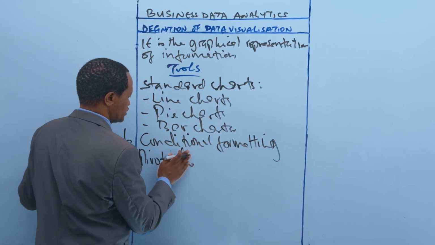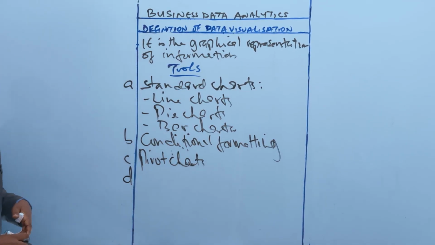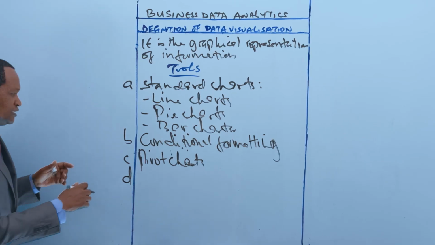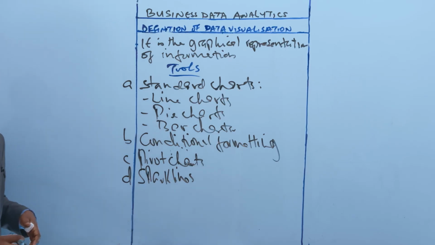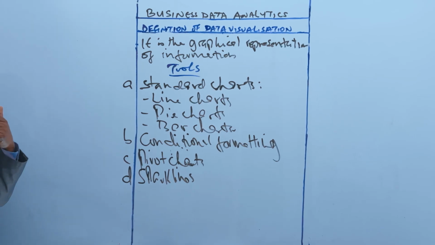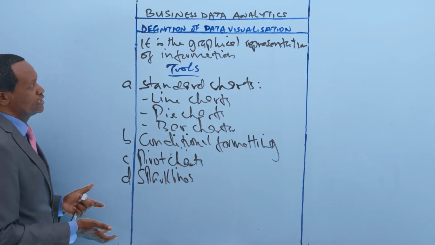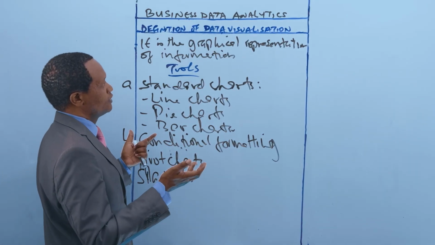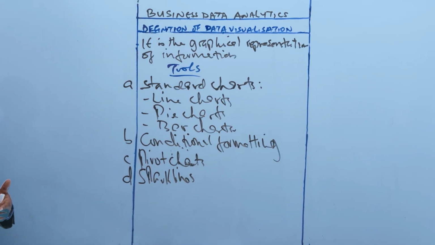Then another tool that we get in Excel is the sparklines. These are tiny charts that fit inside a single cell, providing a quick visual trend next to a row of data. So these are some of the tools in Excel that can be used in data visualization, which is the graphical representation of information.